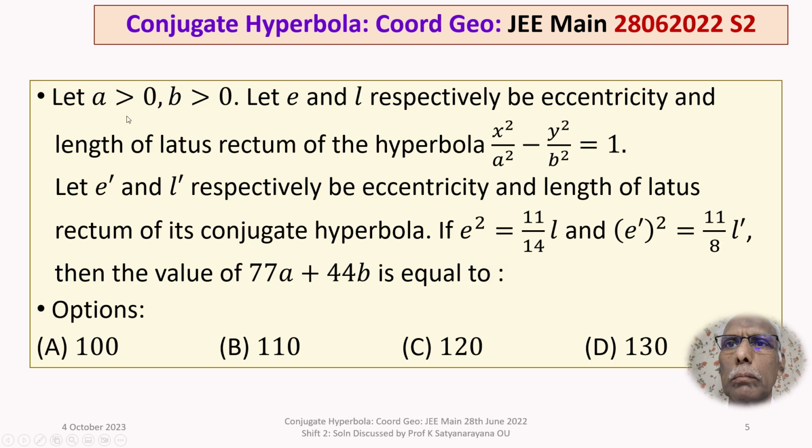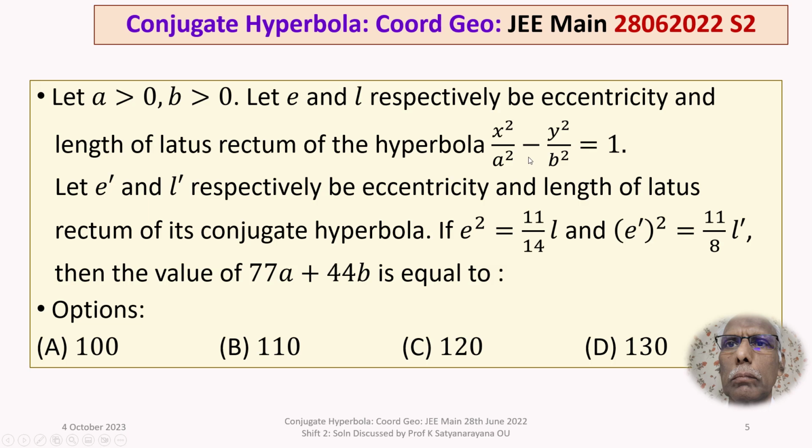We are given two positive real numbers A and B, and we have the given hyperbola x square by a square minus y square by b square is equal to 1. E and L respectively denote the eccentricity and latus rectum of this given hyperbola, and E prime and L prime respectively denote the eccentricity and length of latus rectum of the conjugate hyperbola.